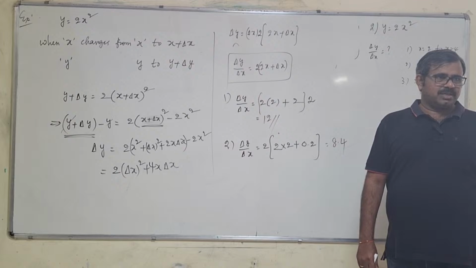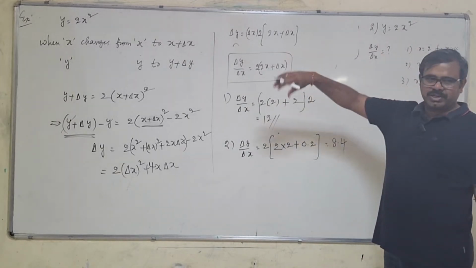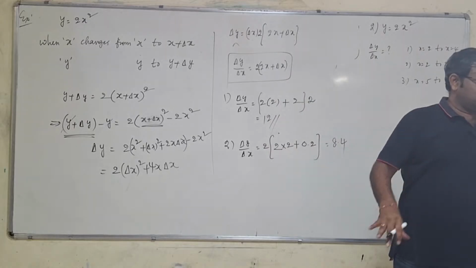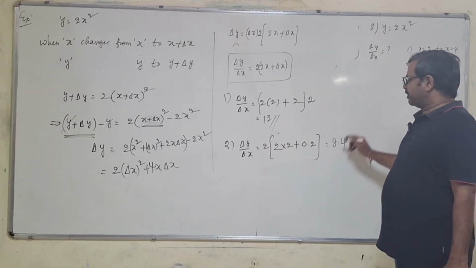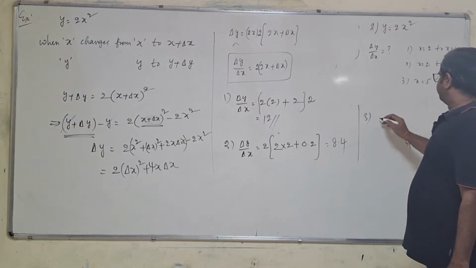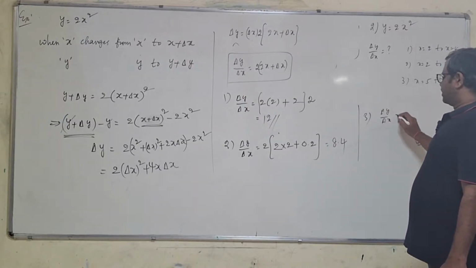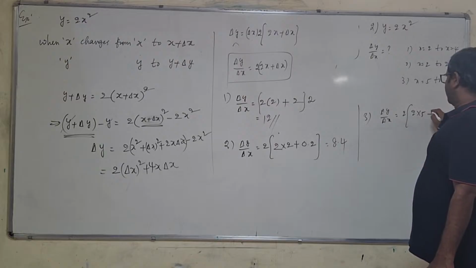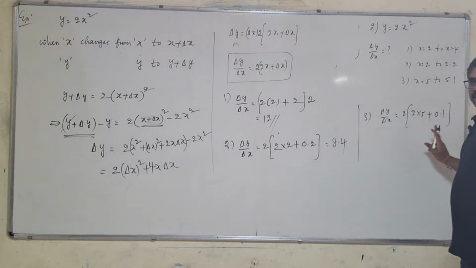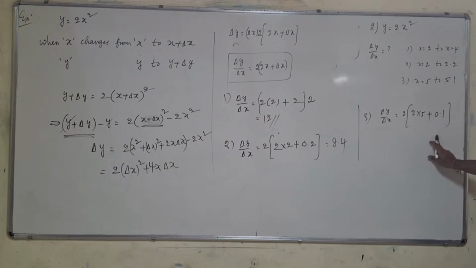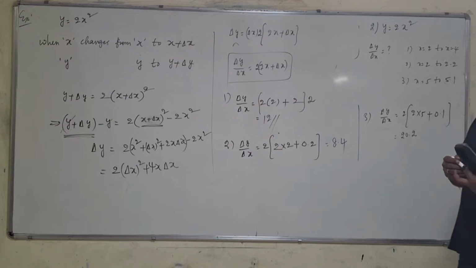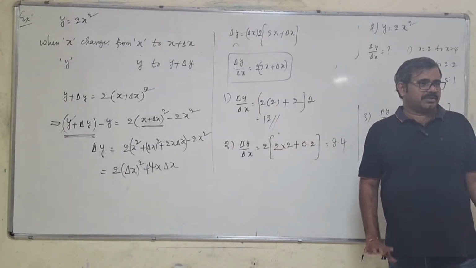You understand what I'm saying? Even if you substitute the values and find out y2, y1, y2 minus y1 by x2 minus x1, you will still get the same. In the third case, what will you get? Delta y by delta x is equal to 2 into 5 plus 0.1. Delta x is how much in the third case? 0.1. So what are we getting? 10.1 into 2, 20.2. So we are getting delta y by delta x for different ranges, different rate of change in y with respect to x.